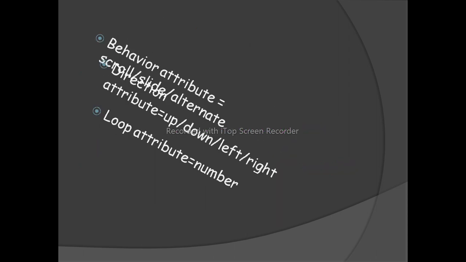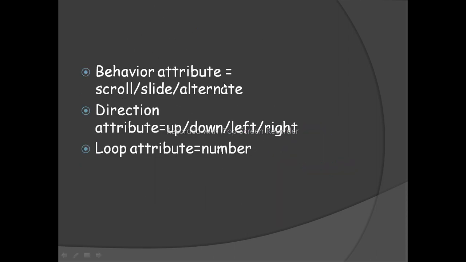Here I have given you the attributes and the values you can put. For the behavior attribute you can put any one of scroll, slide and alternate. For direction you can put up, down, left or right. And for loop you can put a number, or you can also put infinite.